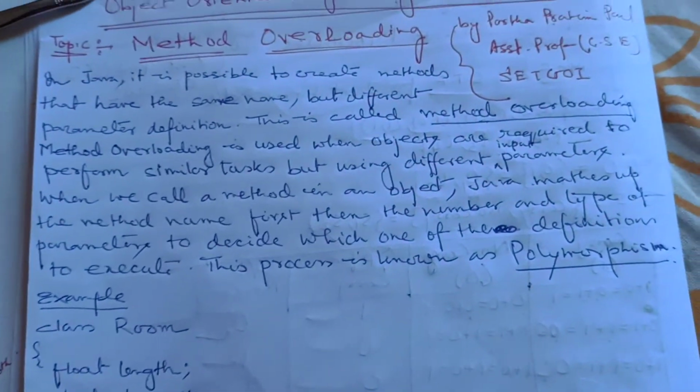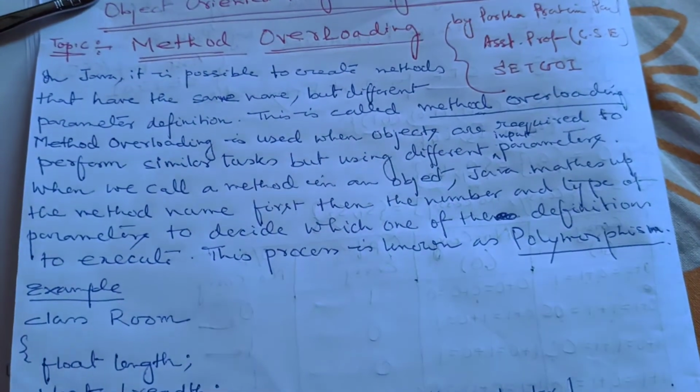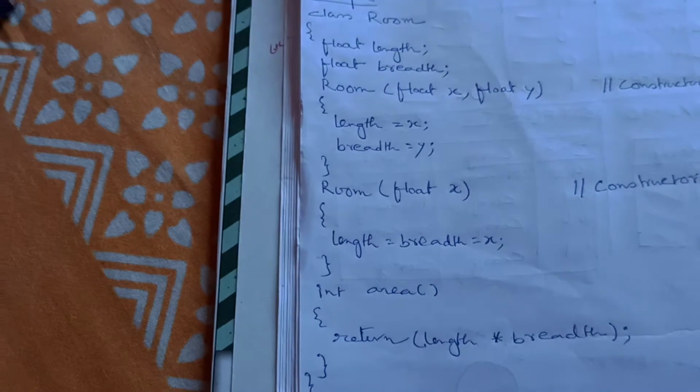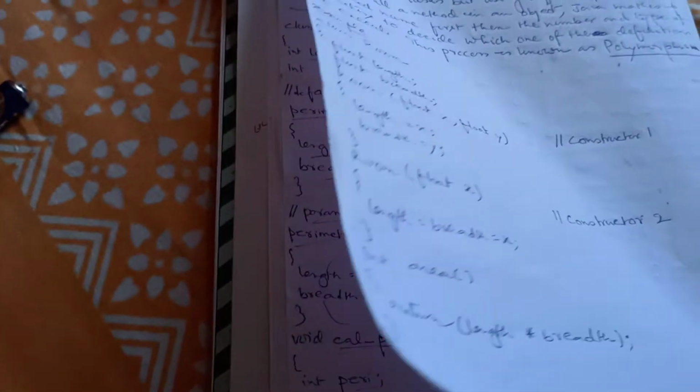This process is known as polymorphism. Okay, are you clear? Now we will go to an example of method overloading.